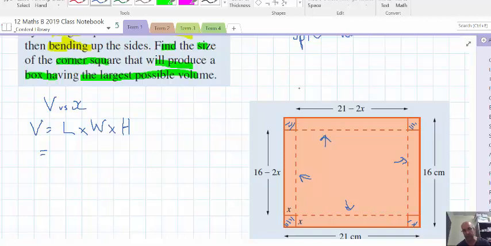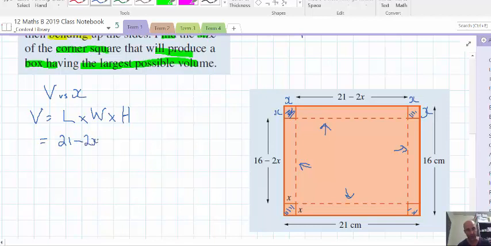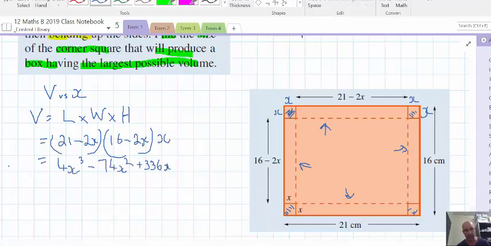The length, you can see, was 21 for the actual piece of cardboard, but of course we're taking off little squares of side x, and so you can see, for example up the top where I'm writing, that it's 21 minus x on one side and minus x on the other, so the length is 21 minus 2x. The width is 16 minus 2x, and the height, once you fold that up, is x. So we have a cubic polynomial. Expanding that out, we get that.